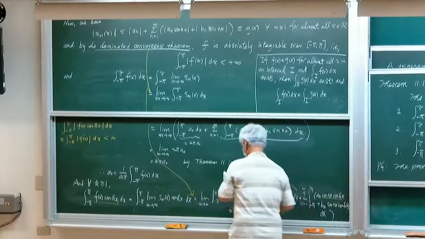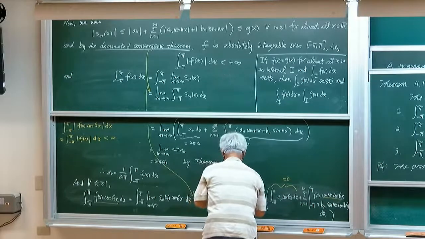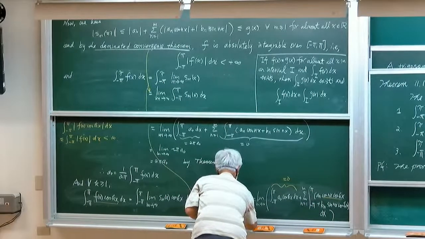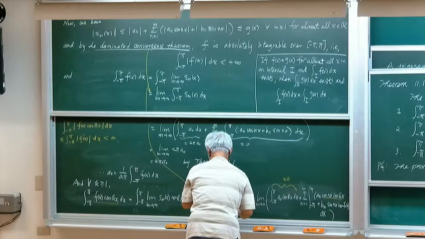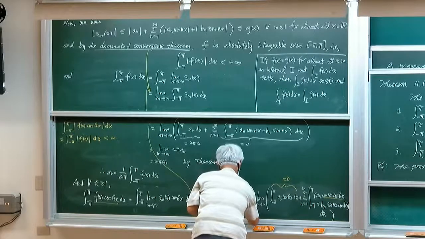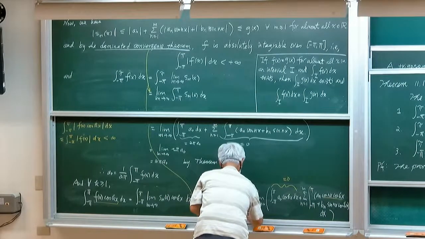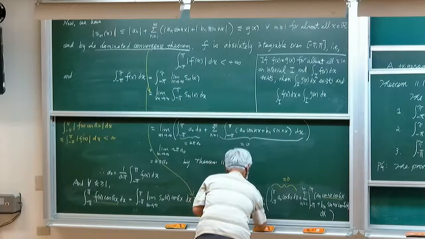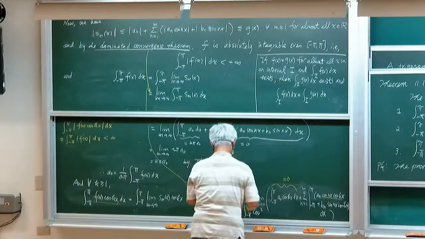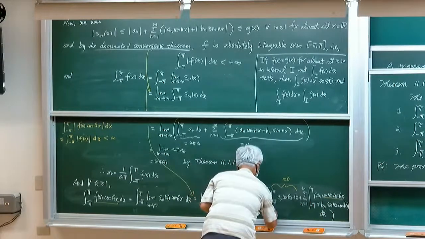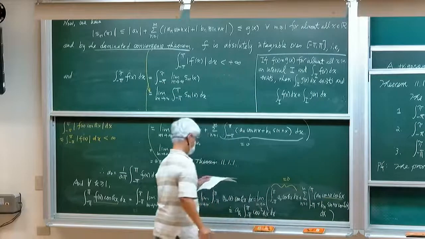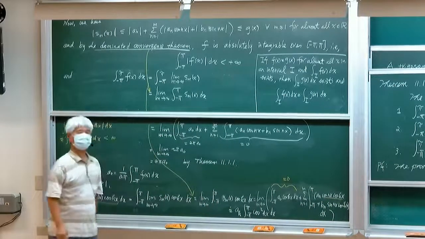So the final thing would be Ak times the integral of cosine squared kx dx, cosine squared.